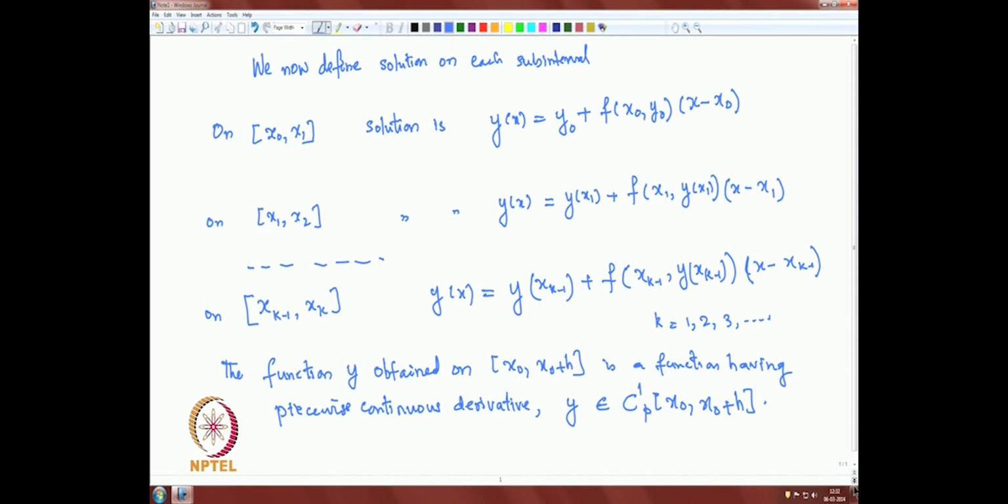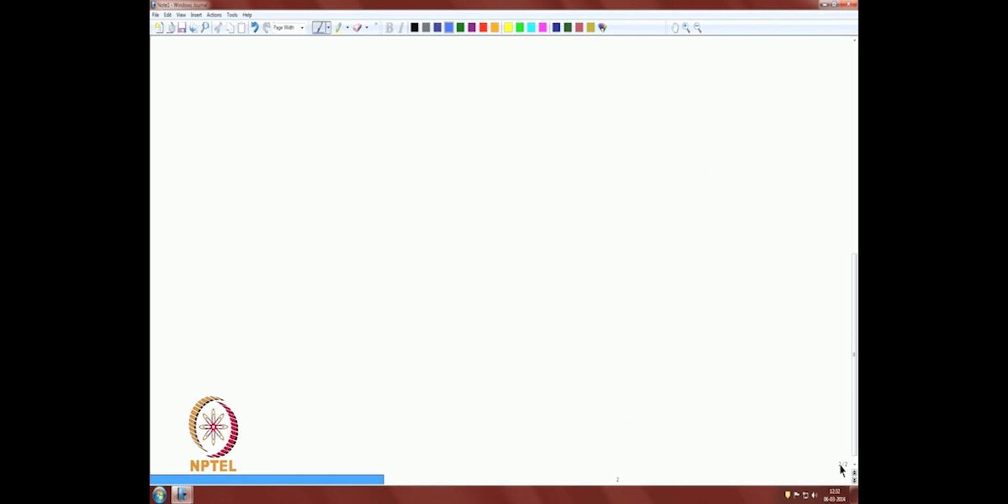Now, to study further properties of y, let us take 2 points x tilde and x in the interval [x0, x0 plus h].